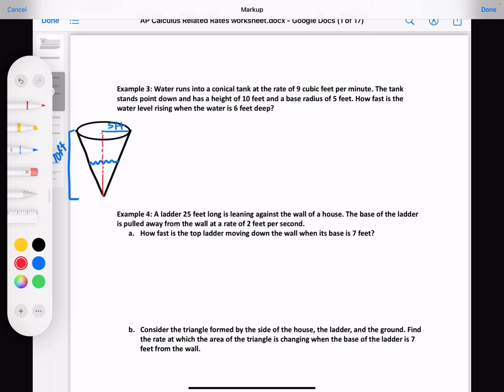We're going to compare what we have here with a similar triangle, something like that, where we know that this whole thing is 10 feet top to bottom.